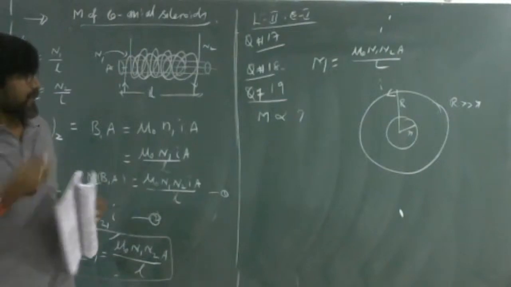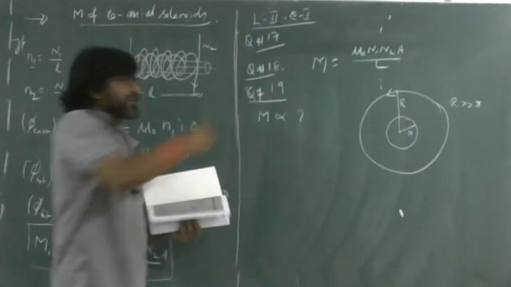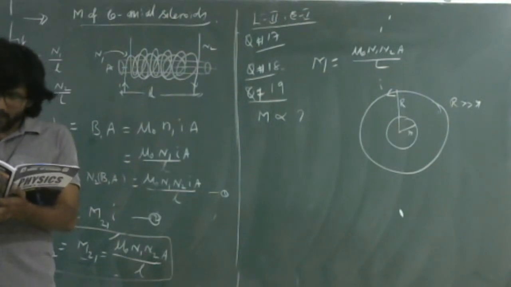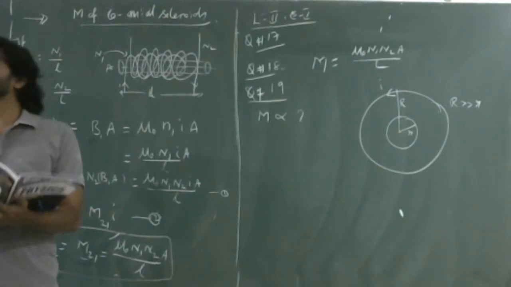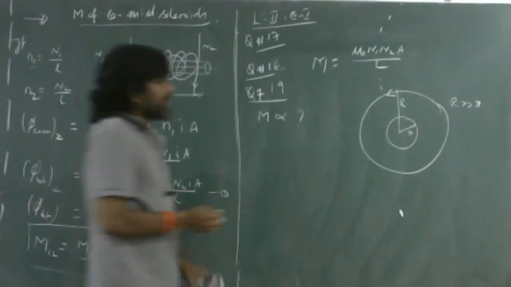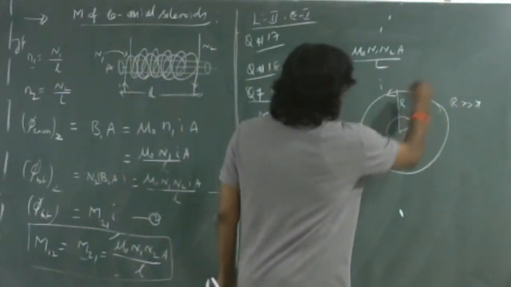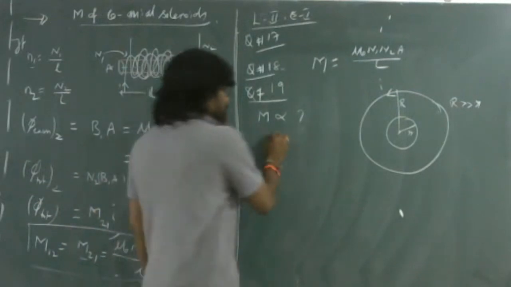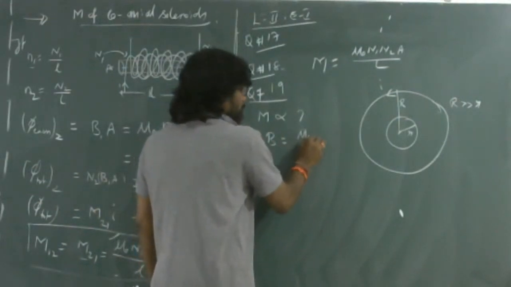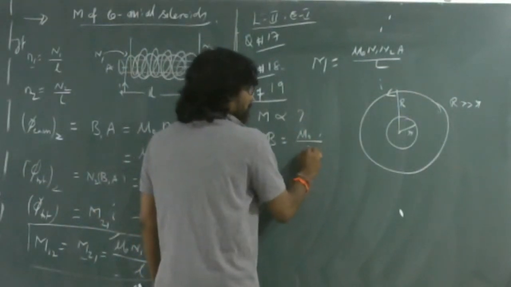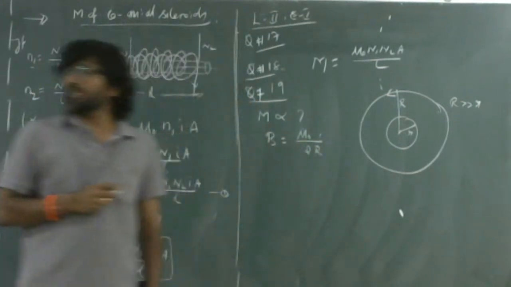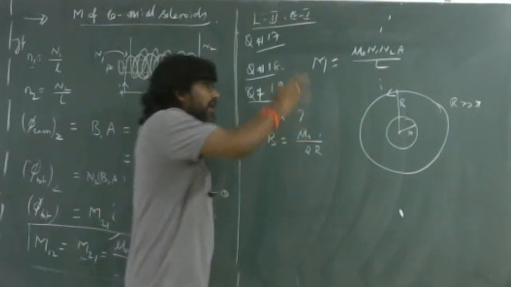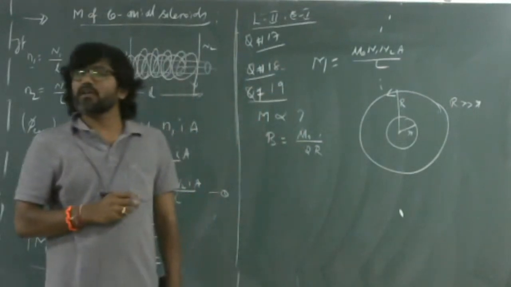Now, in this case, what is the coefficient of mutual induction? The mutual inductance between the coils is proportional to what? We know the current in the larger coil produces a magnetic field at the center. So B is equal to mu naught I by 2 into capital R. And the smaller coil is placed inside this, at the center.